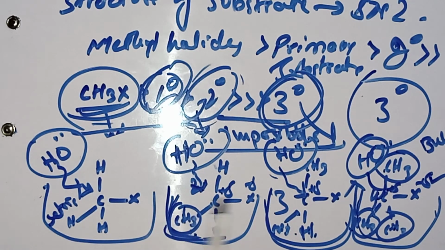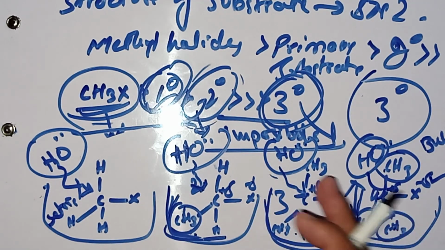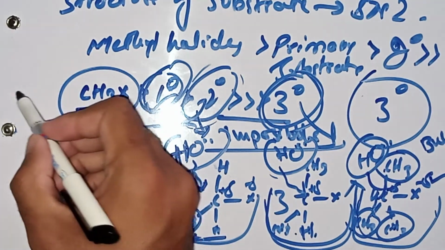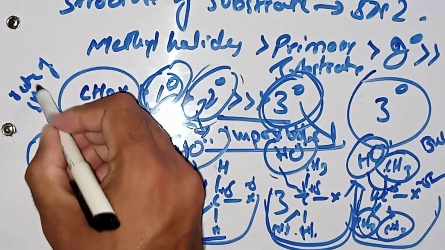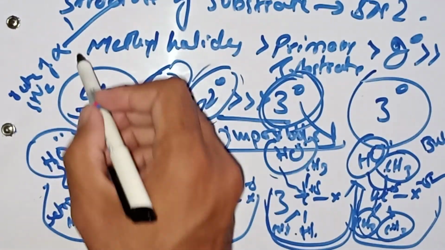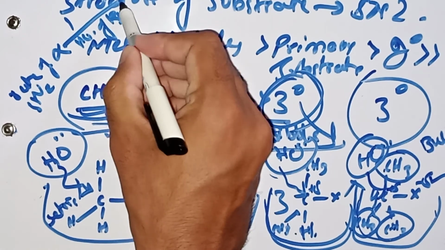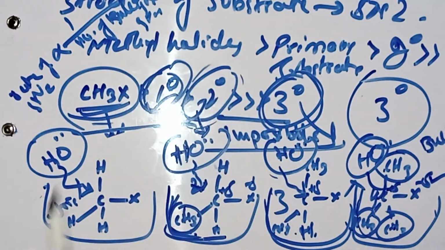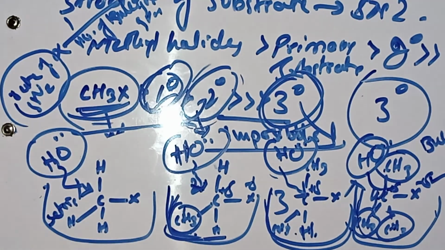It means that with an increasing number of bulky groups, with increasing steric effect, the rate of SN2 reaction decreases. The rate of SN2 reaction is inversely proportional to the number of bulky groups. The more bulky groups, the less the rate of SN2 reaction.